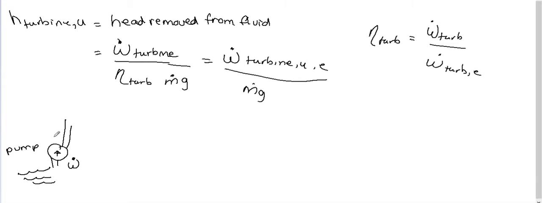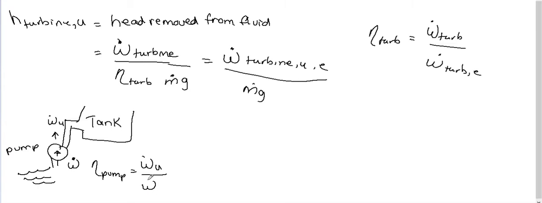And then what's coming out of it is going to be the useful power of the pump, because of course there are some losses that occur in there. And then that's being delivered to some tank or some reservoir. Some tank of water. And so the efficiency of the pump is equal to the useful power of the pump divided by the power that got delivered to it.